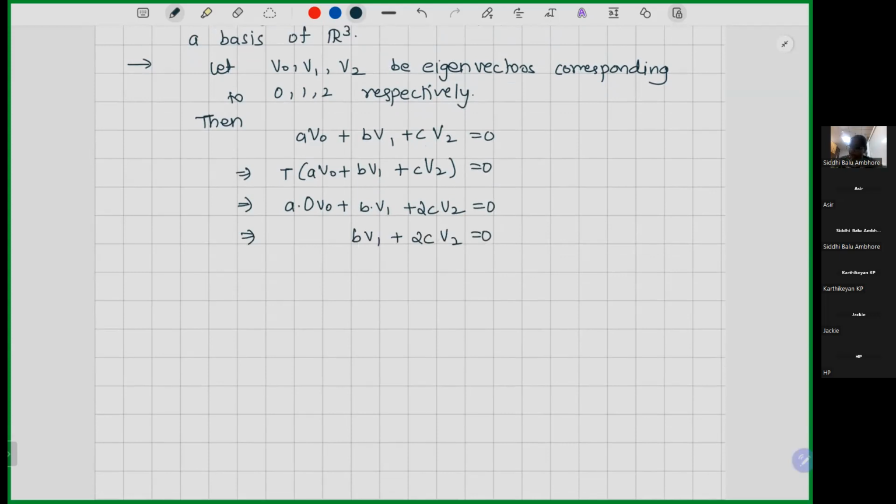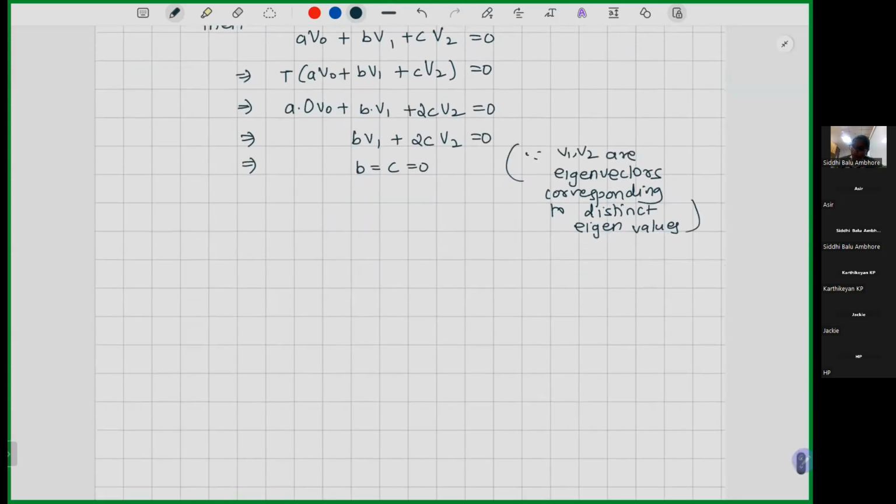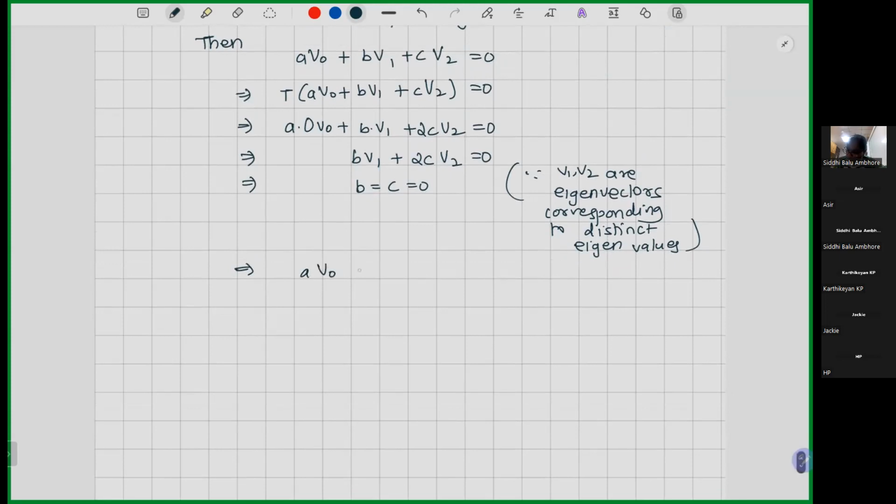But this implies B is equal to C is equal to 0, since V1 and V2 are eigenvectors corresponding to distinct eigenvalues. So from this, I will get that A V0 is equal to 0.